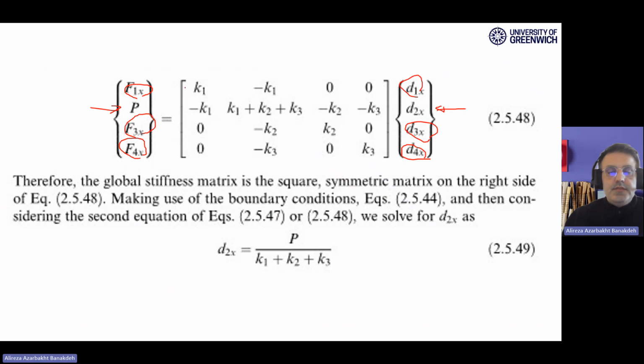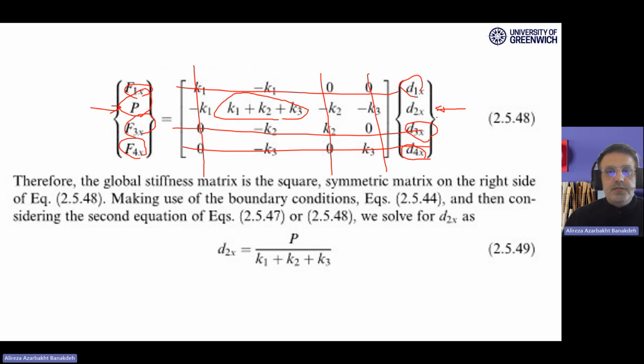So for that purpose, for the applying of boundary conditions, you eliminate row 1 and column 1, row 3 and column 3, and row 4, column 4. What will remain is P equal to this term multiplied by D2x. And simply you can calculate D2x equal to P divided by the summation of K1, K2, and K3.